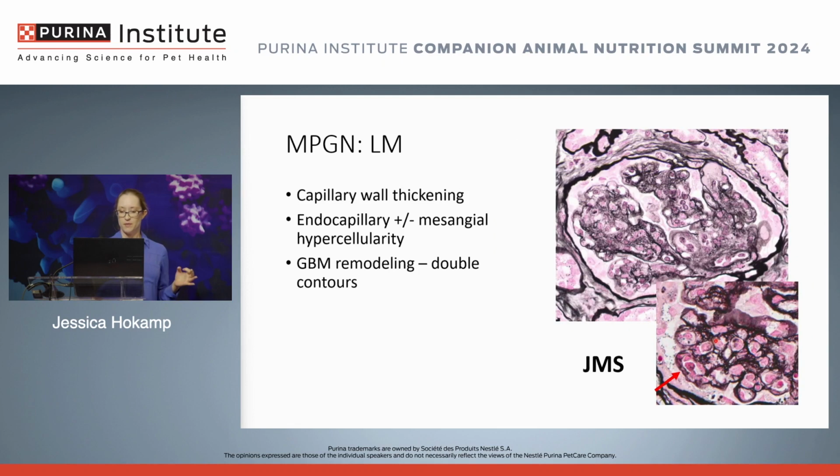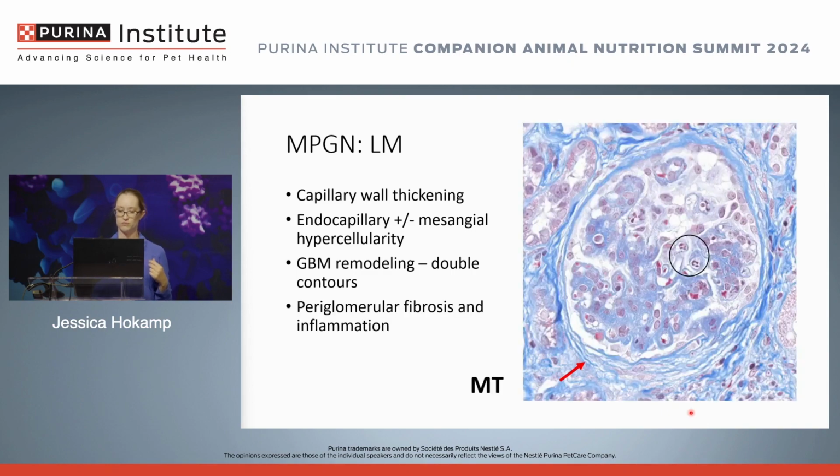The Jones methenamine silver stain will demonstrate something called double contours, which are remodeling, again, around mesangial cells that undergo what's called interpositioning, where they slip into the basement membrane, as well as around immune complexes.